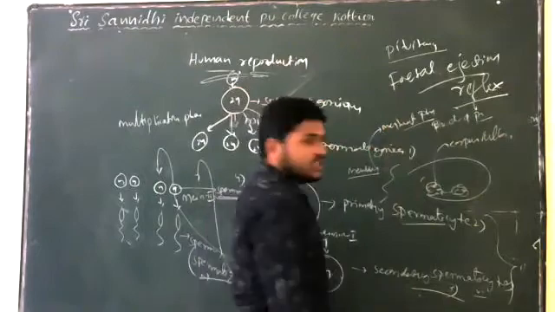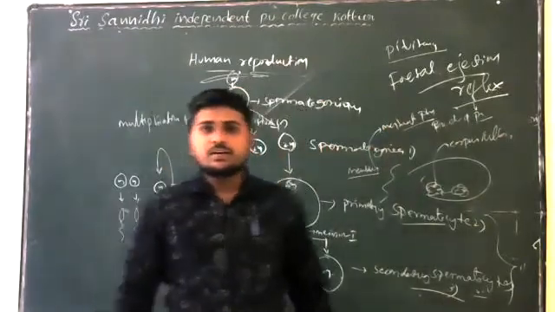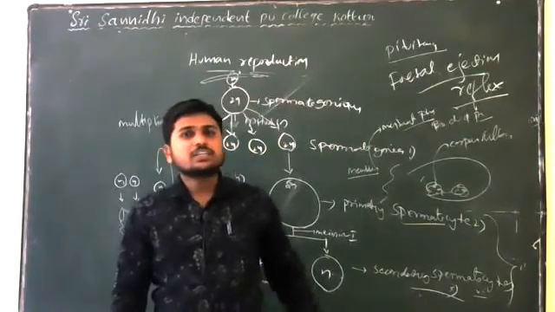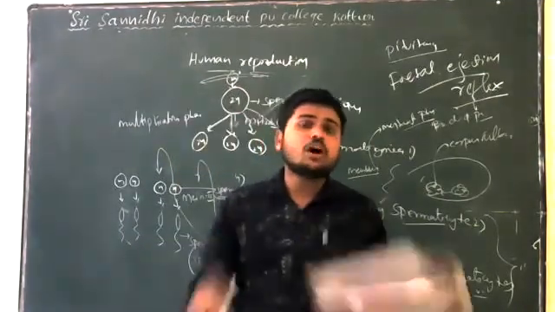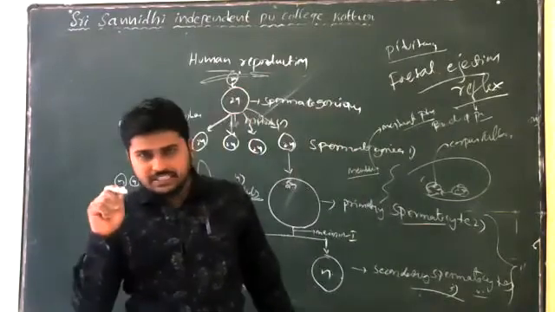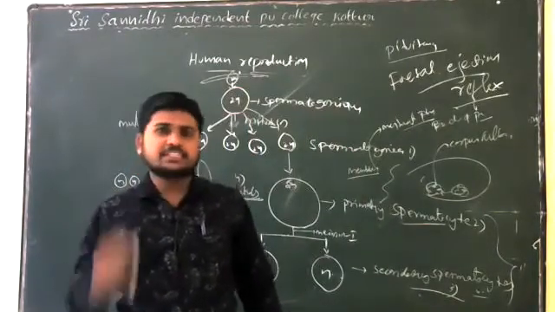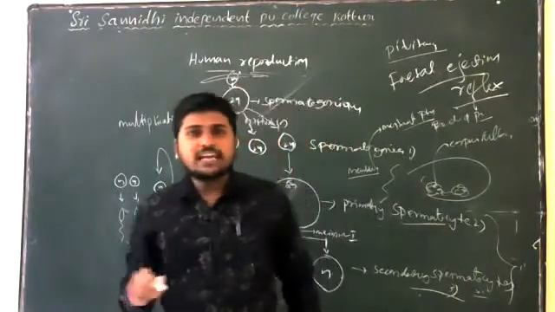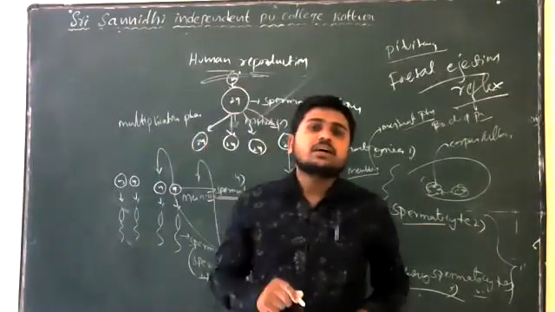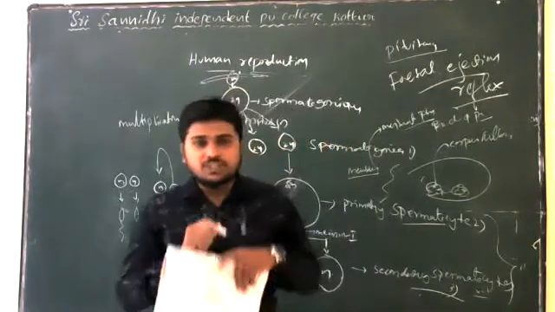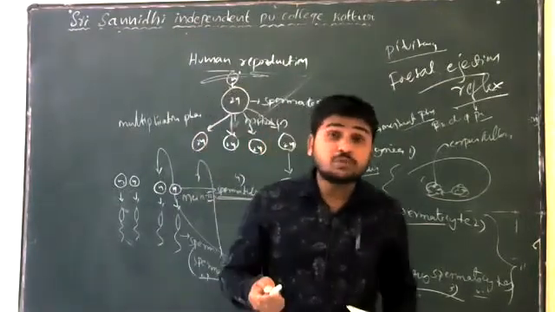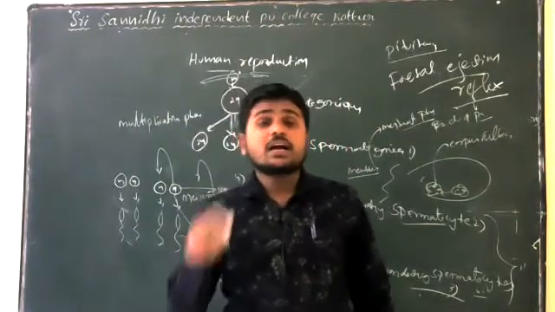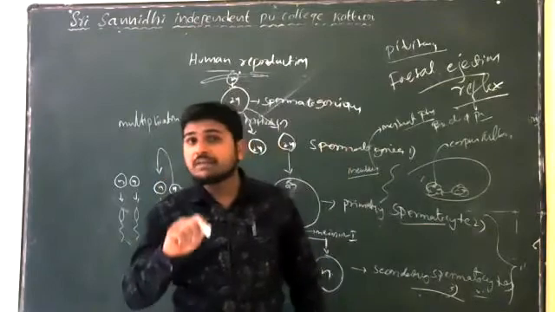When fertilization occurs, progesterone hormone is secreted and there is no menstruation. Remember, if the released ovum is fertilized with the sperm, there is no menstruation, because of progesterone secretion. If there is no secretion of progesterone, there is no fertilization, so the corpus luteum is converted to corpus albicans.